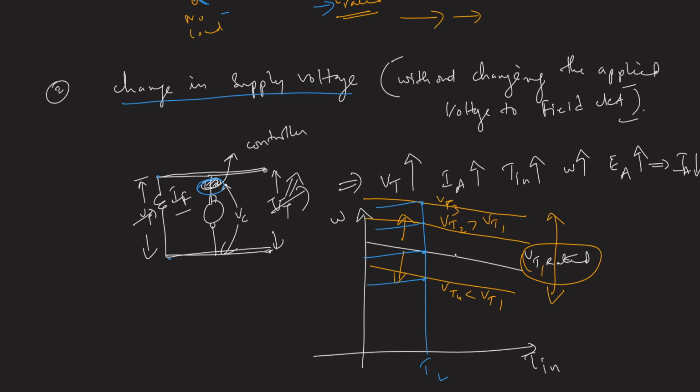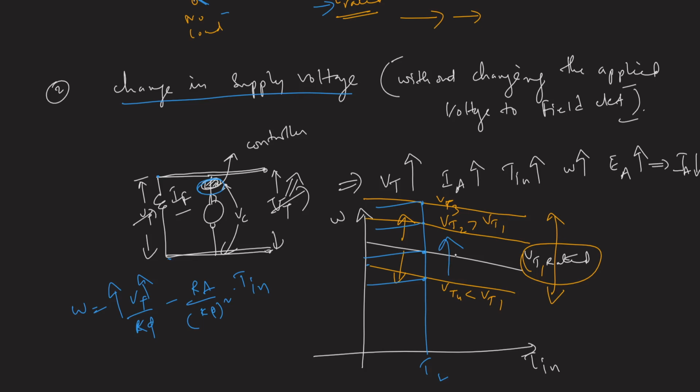So from the equation as well, omega is equal to Vt by k phi minus Ra by k phi square into tau induced. So with the increase in Vt, the slope remains the same but the intercept changes. So that means the graph can be moved up and down, right?